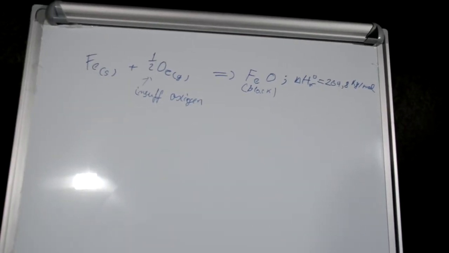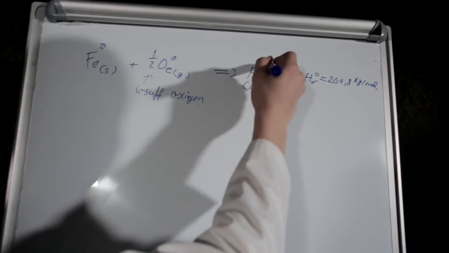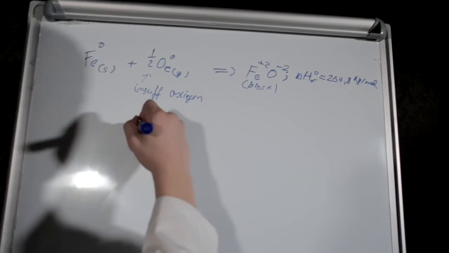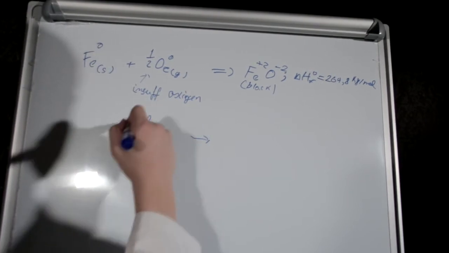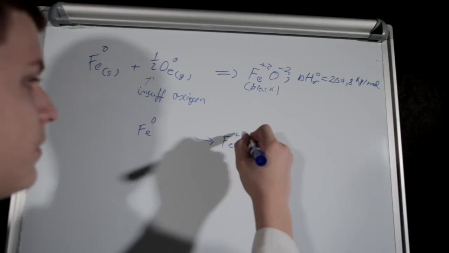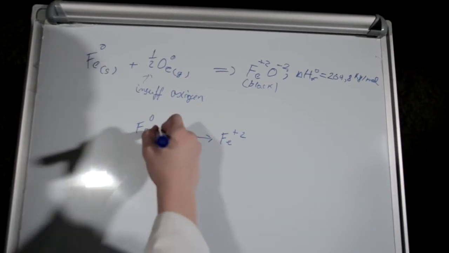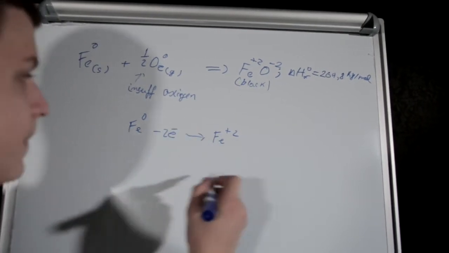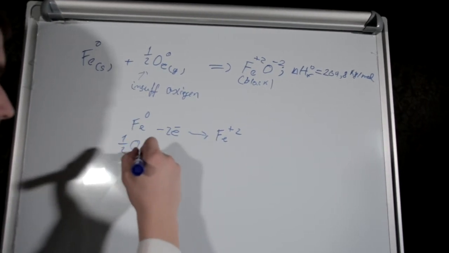Okay, the redox equation should be 0, 0, plus 2, minus 2. So the iron from 0 changed into the iron with 2 plus. So it needs to give 2 electrons, and the oxygen 1/2.